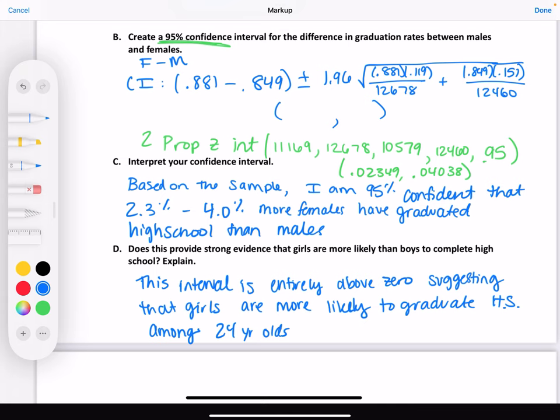And that's just because that's who they were surveying, not saying that 24-year-olds are the ones graduating from high school.